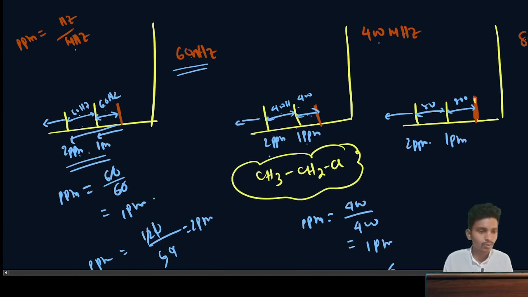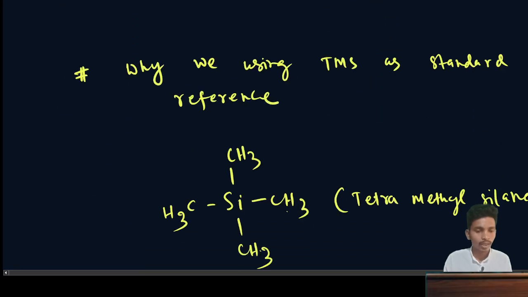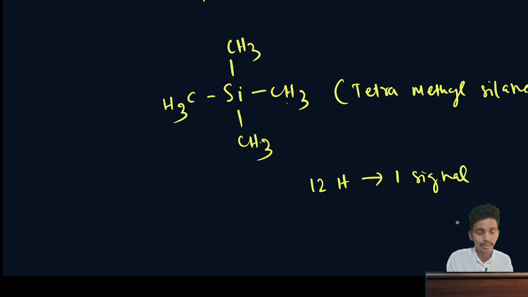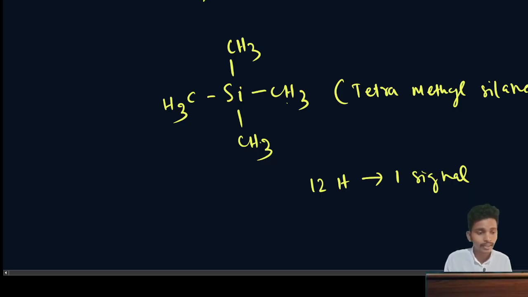This is due to the 12 H. So what we understand from TMS is that 12 H are there, and they give one signal. It means the intensity will be high.